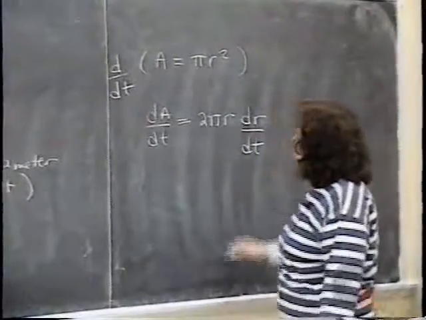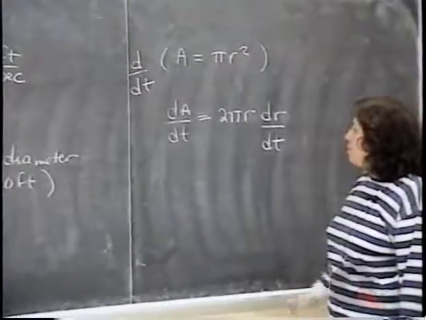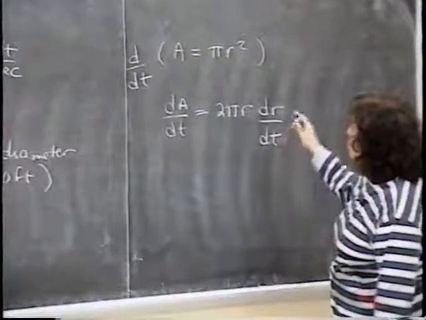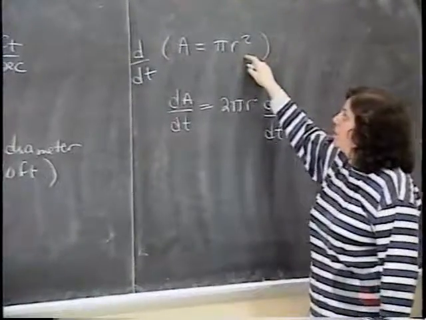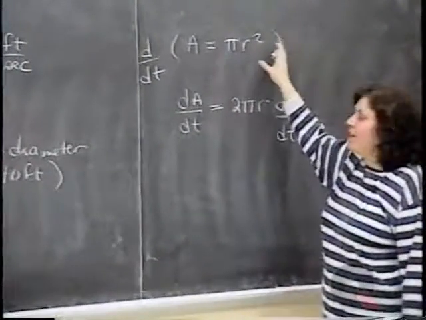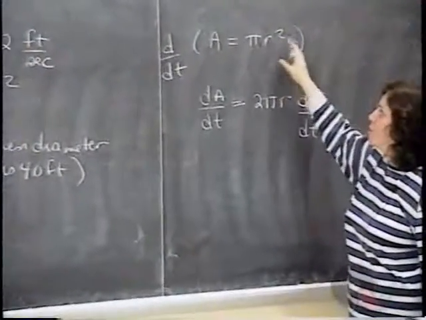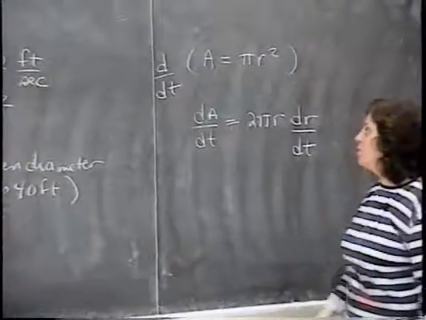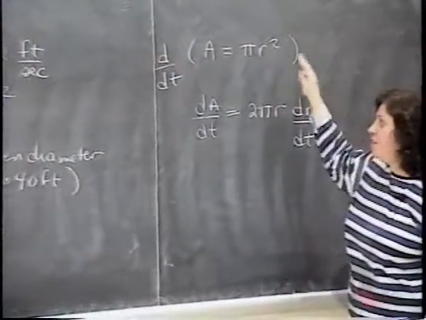At this stage, we are now ready to substitute in the values that we're given. You do not substitute too early, because if you were to substitute in, for example, what the radius is at a particular moment, that would imply that the radius is not changing, and then A equal to pi r squared would be a constant. Of course, dA/dt would be 0. But this is something that is changing. The radius is increasing.